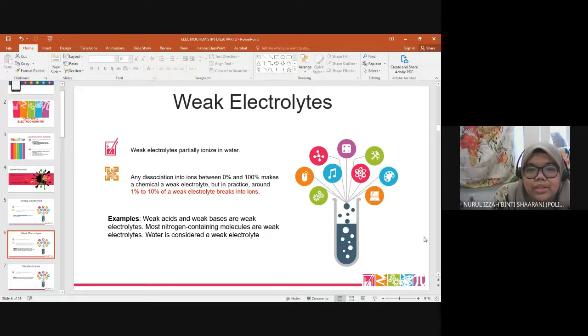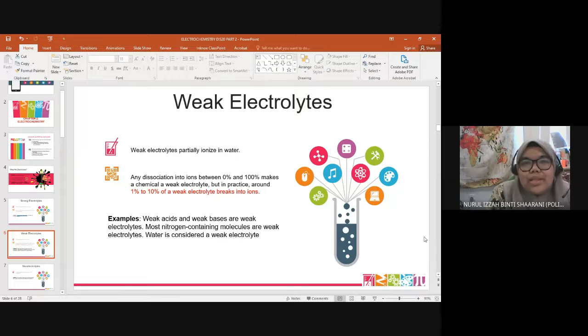For the weak electrolyte, it is partially ionized in water or in aqueous solution. Any dissociation into ions between 0% to 100% makes a chemical a weak electrolyte. But in practice, around 1% to 10% of weak electrolytes break into ions. So for weak electrolytes, it is the same as the weak acid that we learned previously in the acid and base chapter.